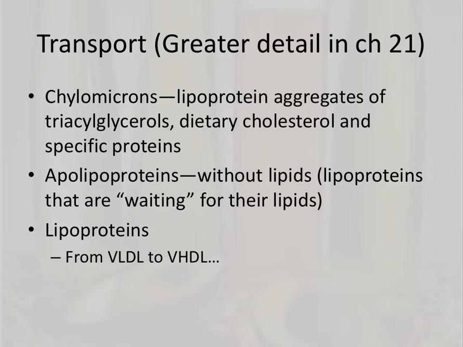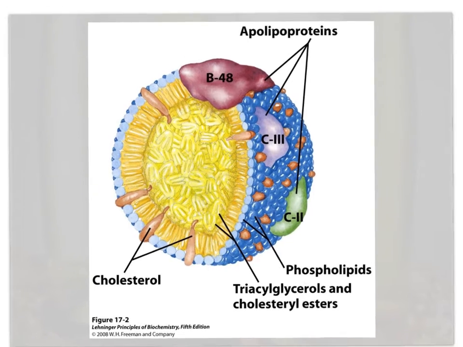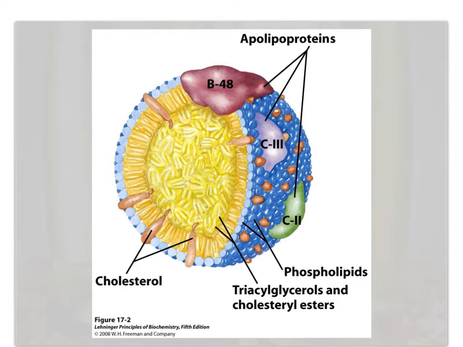This is just an example of one of these lipoprotein complexes. Different proteins can be distributed on the outside of these complexes in order for them to be recognized by different things.